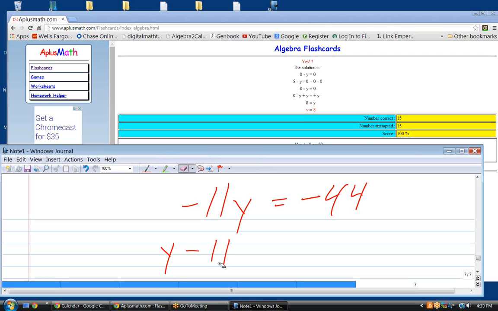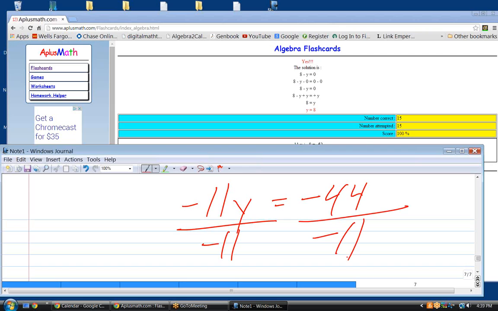Since it's next to the variable, that's multiplication. It's just minus 11 times y. So what do I have to do? Divide. By? Negative 11. What's that answer? 4.